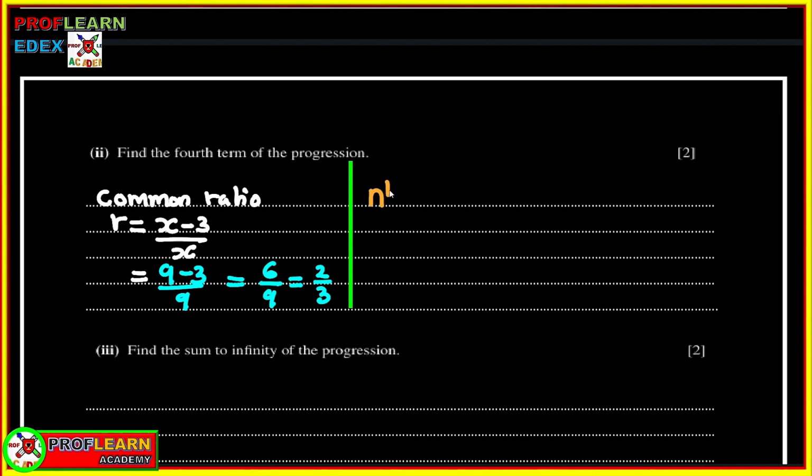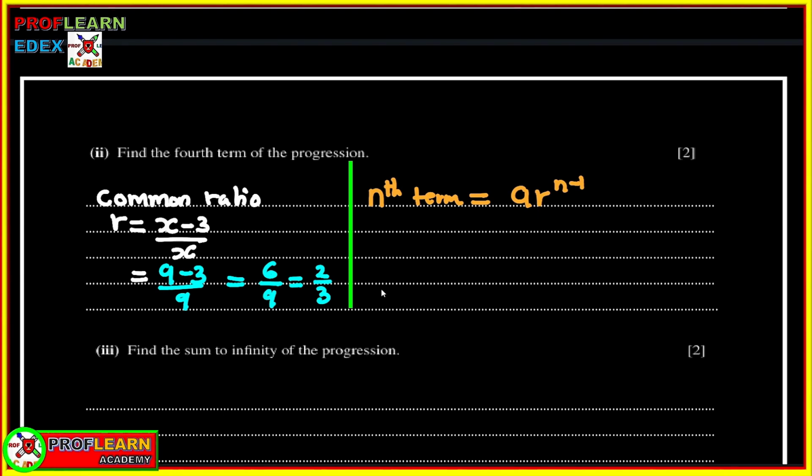So we are supposed to find the fourth term of the progression. The fourth term is going to be a r^(n-1). And remember, this is now a geometric progression, so the nth term is given by this formula.